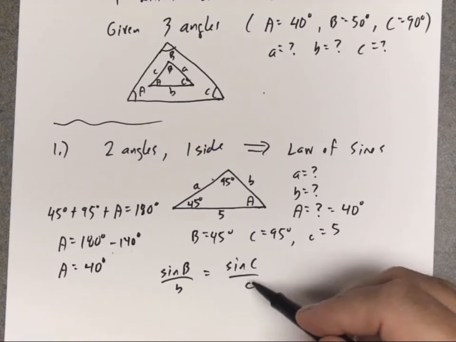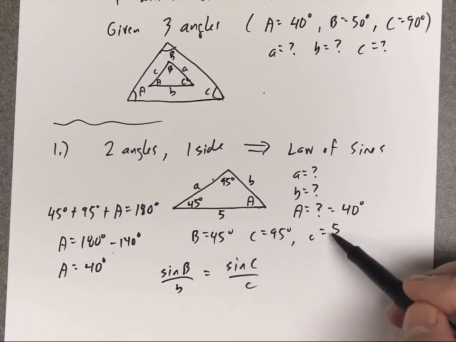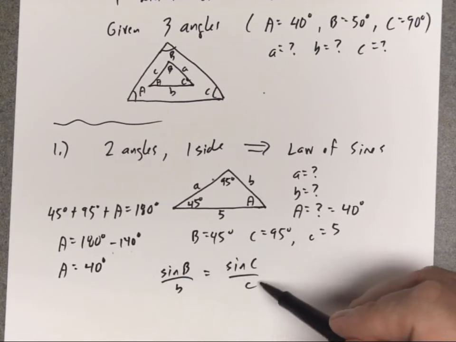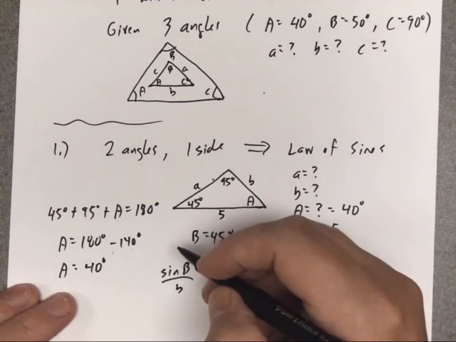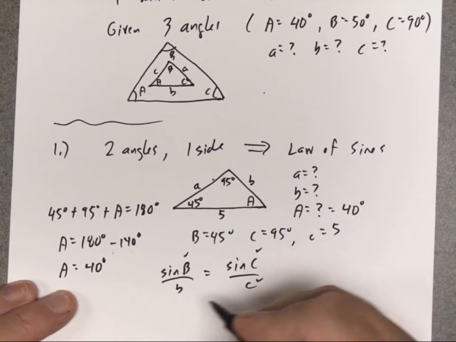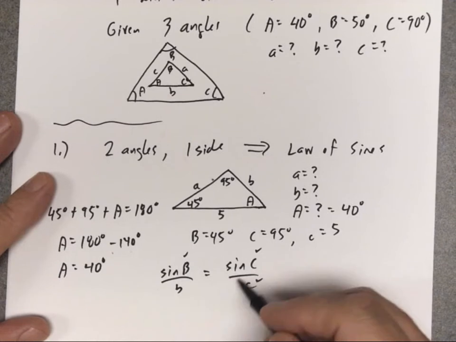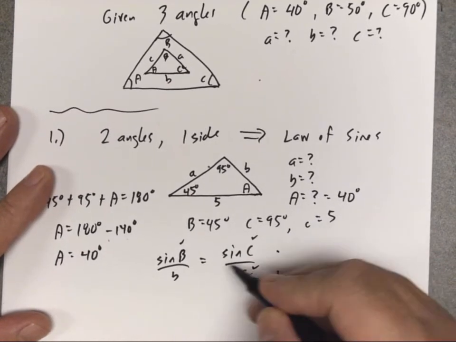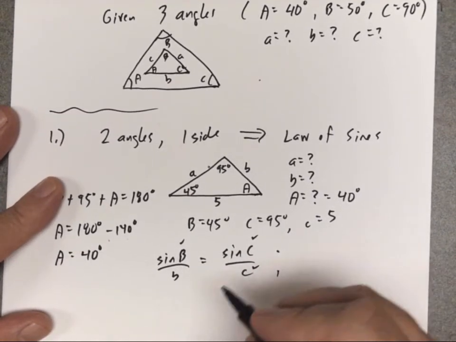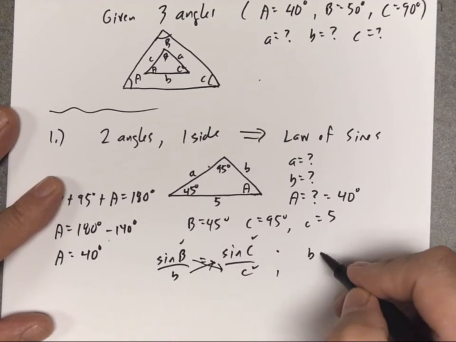Now I can go back here, and since I was given angle B and angle C and side C, I can use this law of sines because I know angle B, I know angle C, I know side C. That leaves me with one variable, side B. Now to solve this, some of you remember how to cross multiply. That makes this easy.